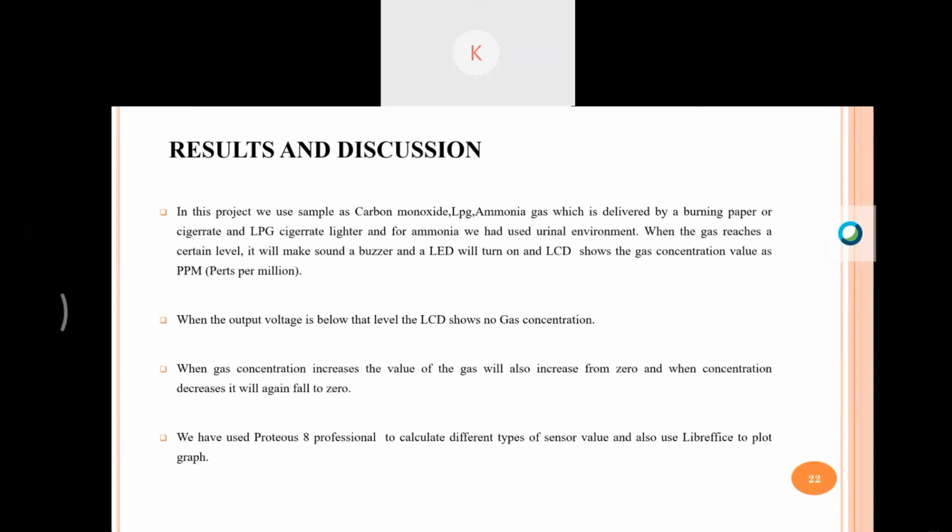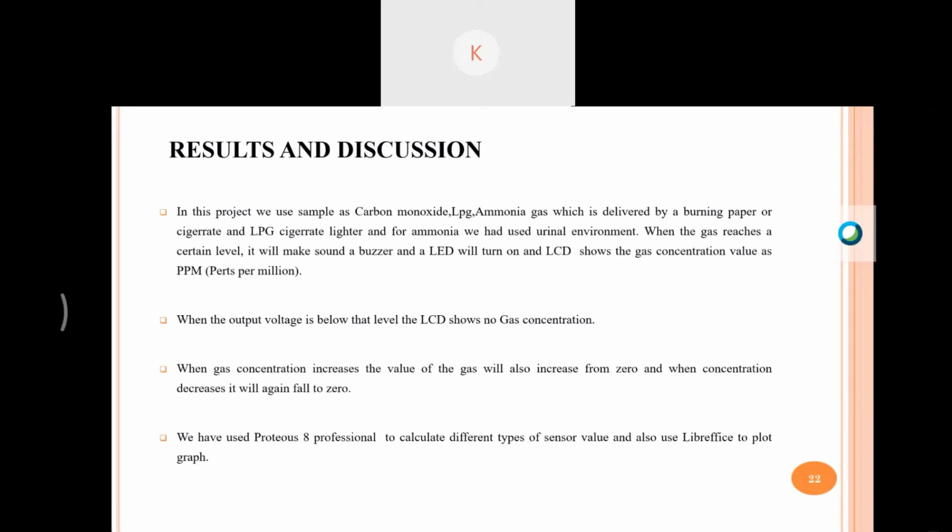When it absorbs the oxygen, the resistance of the sensor is increased. When its resistance is increased, it prevents the flow of current. So when there is no gas detected, the voltage across this sensor is zero, because no current means no voltage.